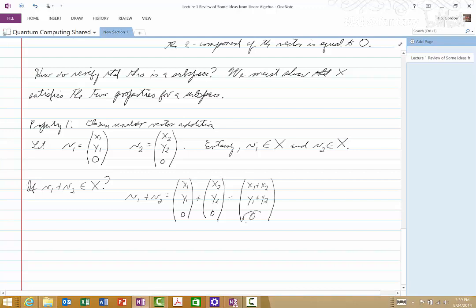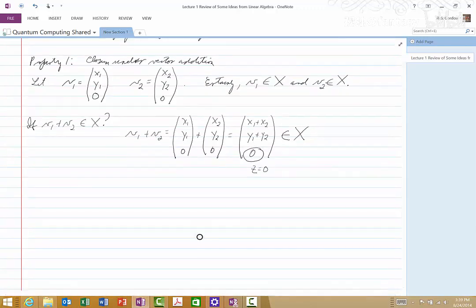And notice that the z component is indeed equal to 0, and so this vector is indeed in X. So we see that by picking two completely arbitrary vectors in X and adding them together, we have obtained another vector in X, and therefore X is indeed closed under vector addition.